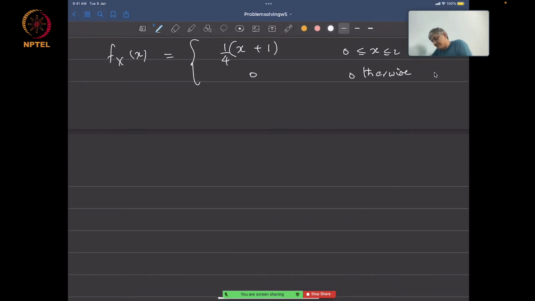Now let me calculate f sub y of y. Again, f sub y of y is the integral from minus infinity to infinity of f of x comma y dx. So I keep y constant and integrate out the x variable.